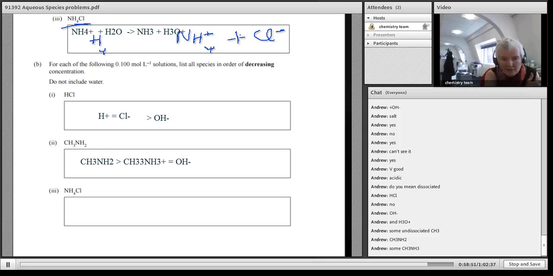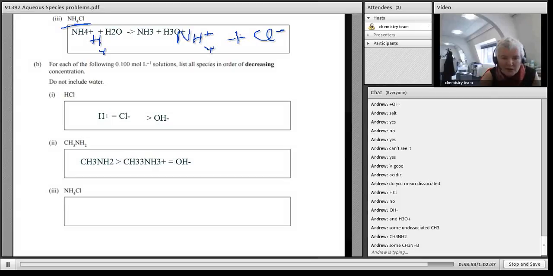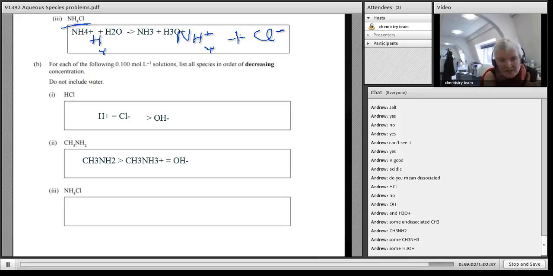Forget I've got two 3s in there, so forget about that one. Let me just correct that quickly. Okay, so I've got that positive, and then I've got equal amounts of OH minus, and quite correct, then I've got a tiny amount of hydronium ions. So that would come up next.